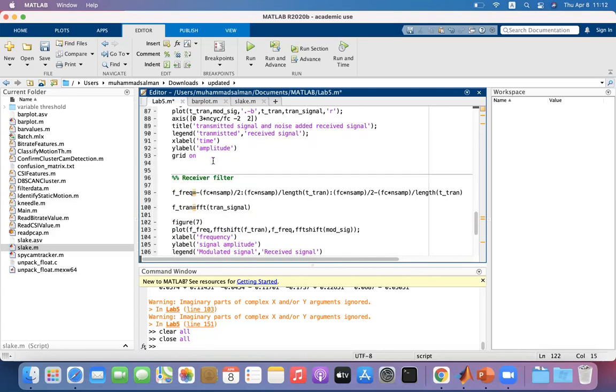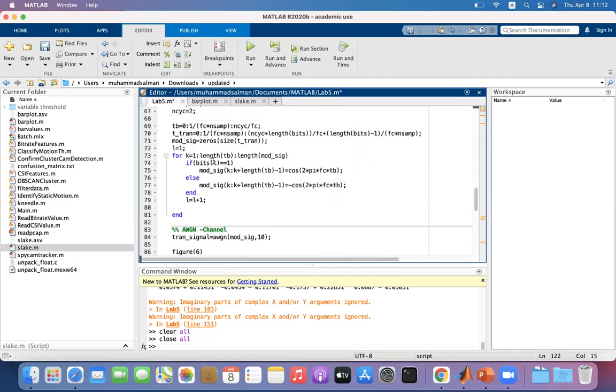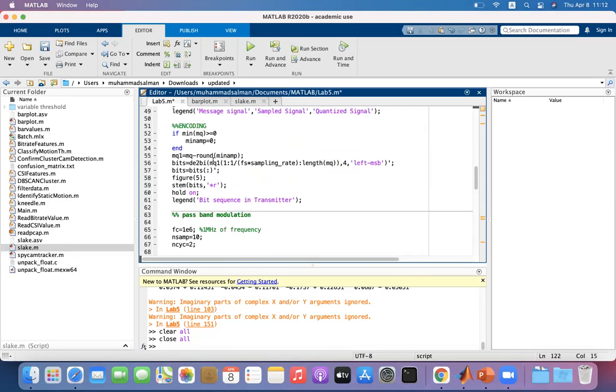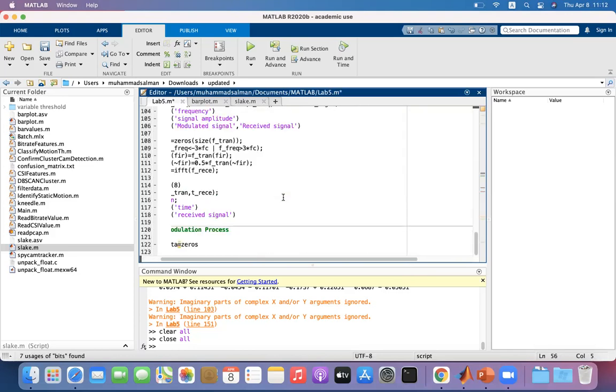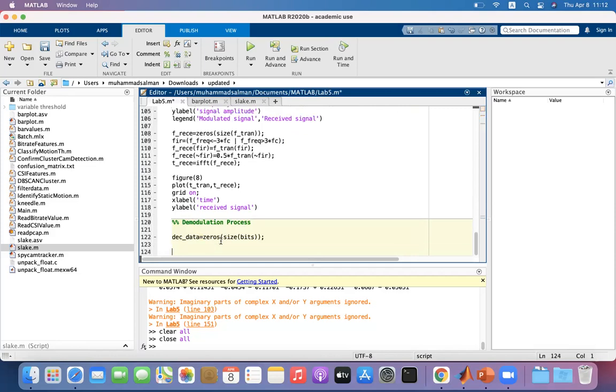I think it was bits, because we need something equal to the length of bits, right? So I will copy this one, and I'll say zeros and the size of bits.